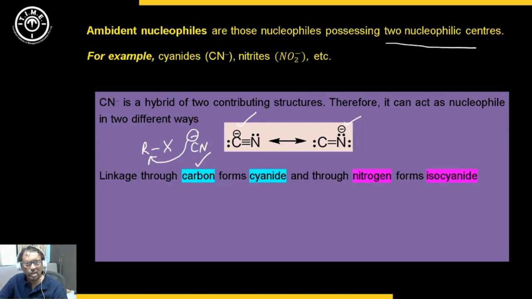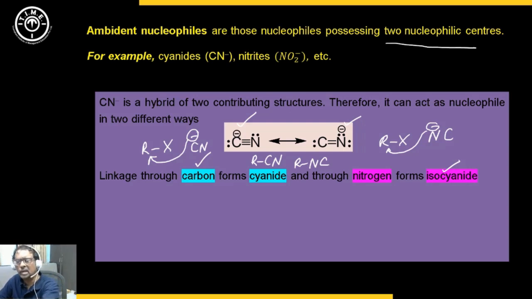So the bond that is formed is between R and CN. So we get RCN. This is nothing but a cyanide. Similarly, if you have the RX attacked by the nitrogen part, then we are going to have RNC, which is isocyanide. So we get a cyanide or an isocyanide depending on what atom has donated its electron pair.